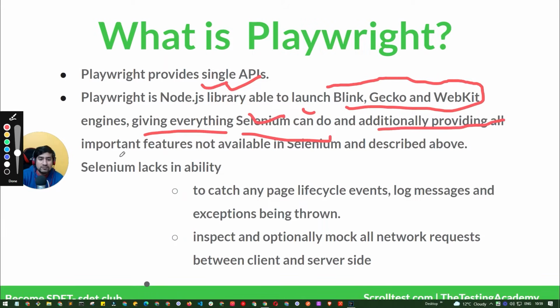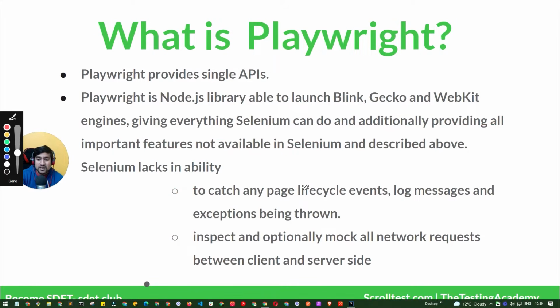Additionally, it provides important features which Selenium was not able to do, for example, catching the life cycle of a page. That's really important. I have told you that in a modern web application, this is really a challenge, where you have log messages, exceptions, page life cycles, event life cycles, and many things, which is where Selenium basically struggles. Now Playwright comes in, which provides you modern web application automation.